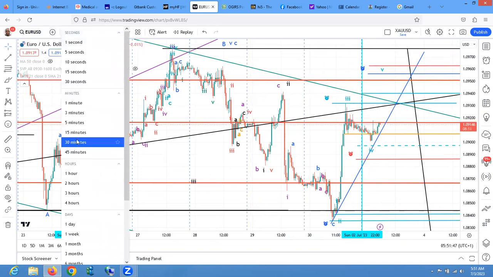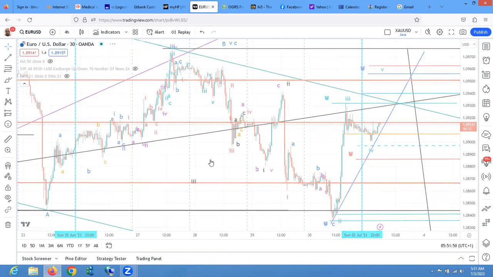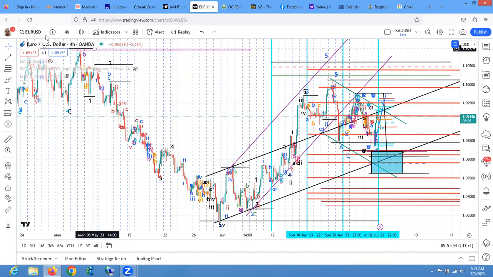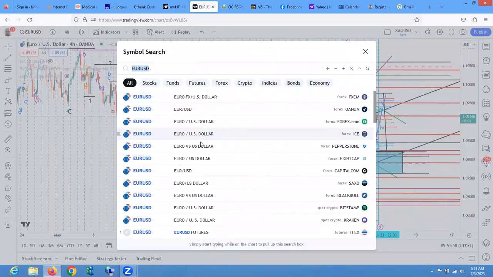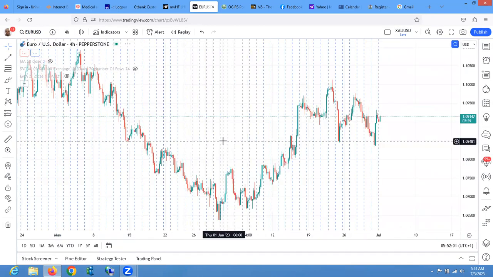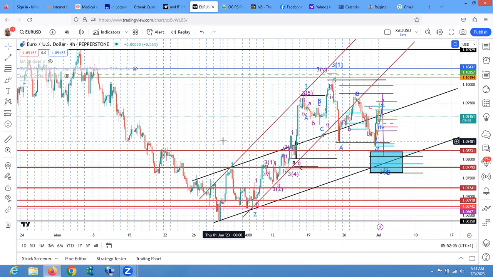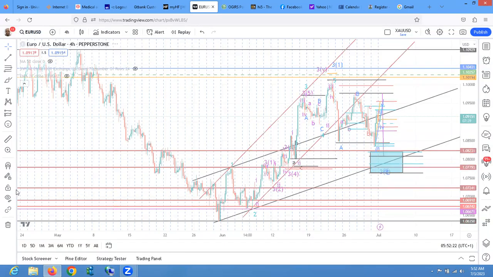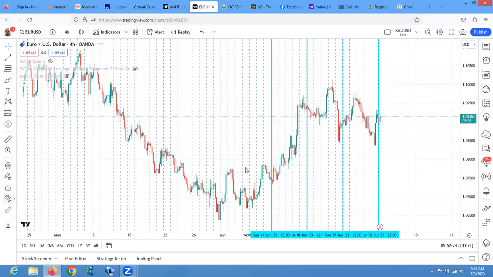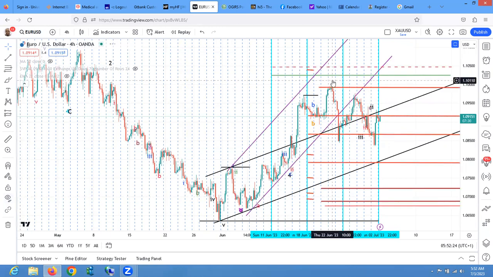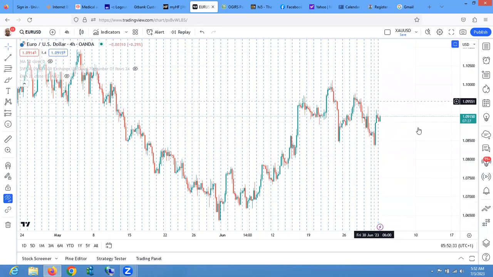Let me show you. Now, the trend line is when you connect the upper part of A to B, and you drag it down, the price coming shouldn't break it.